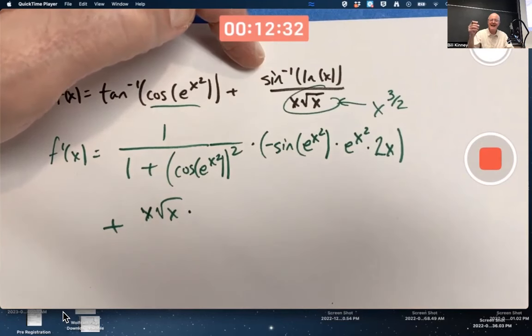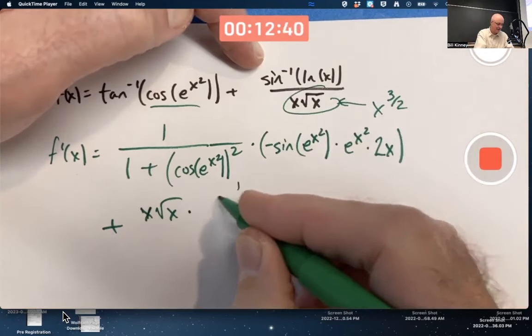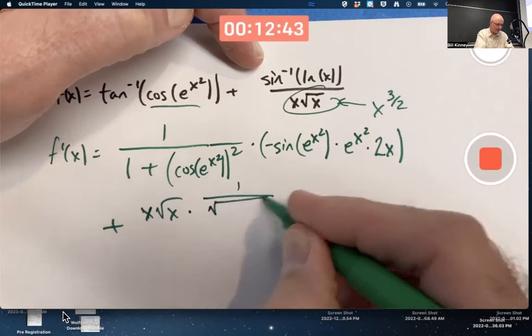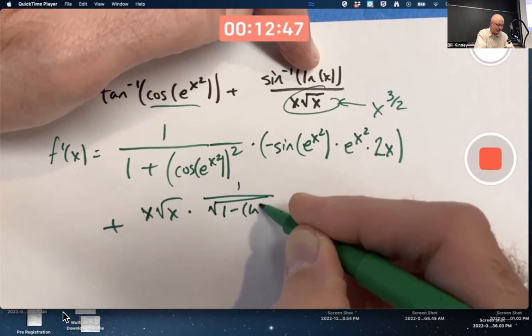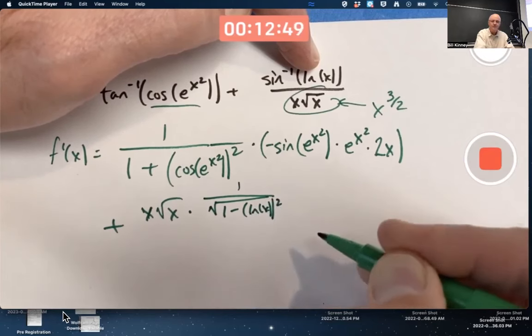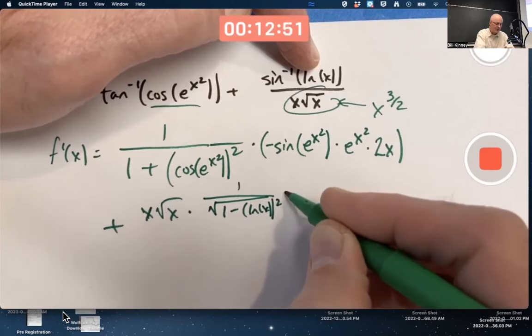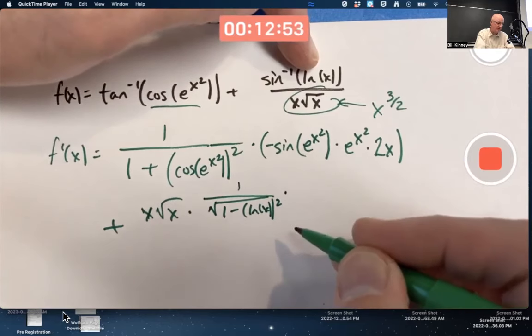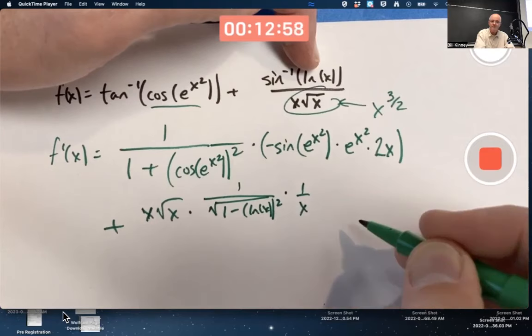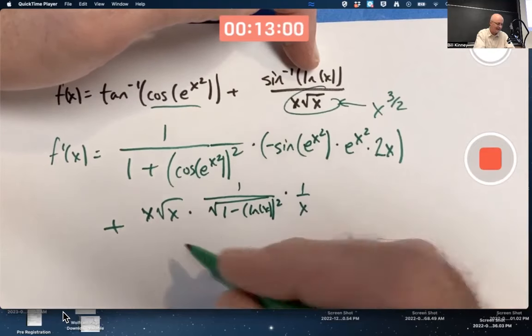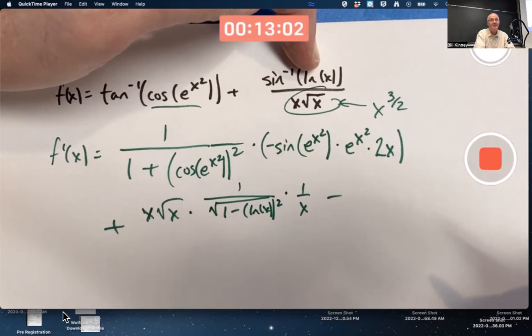The derivative of inverse sine, also called arc sine, is 1 over square root of 1 minus x squared. 1 over square root of 1 minus x squared, but I've got a natural log in there, so that's got to get squared. Extra step, don't forget with the chain rule to multiply times the derivative of that inside function. The derivative of natural log of x is 1 over x. That's low d high, not done.